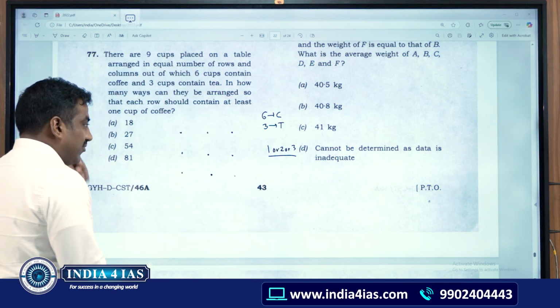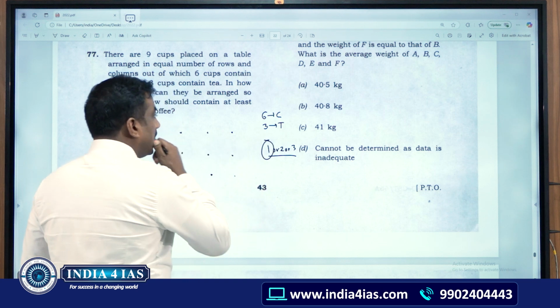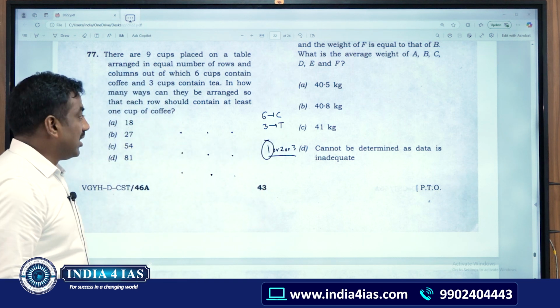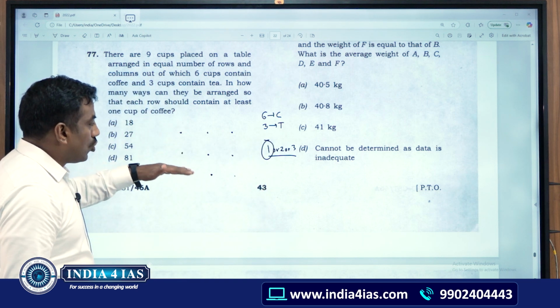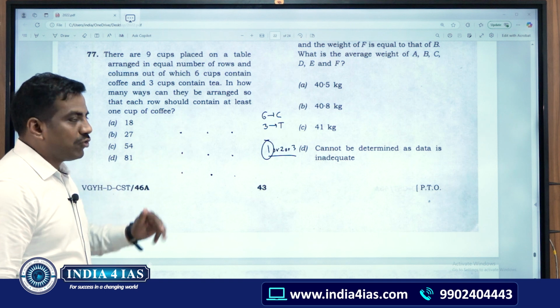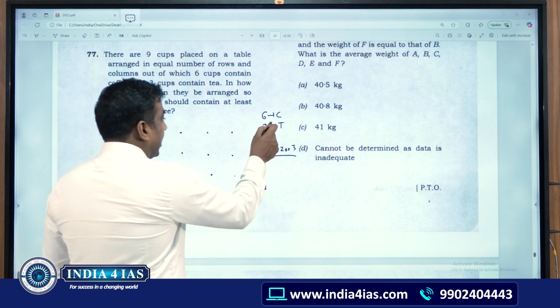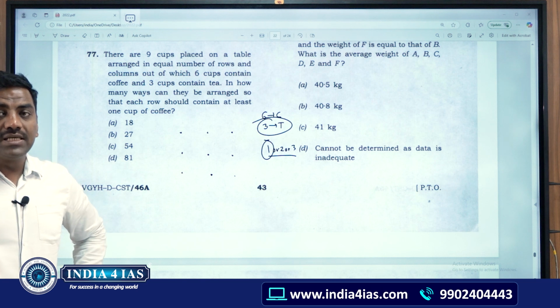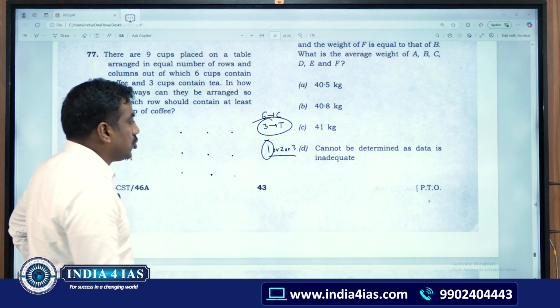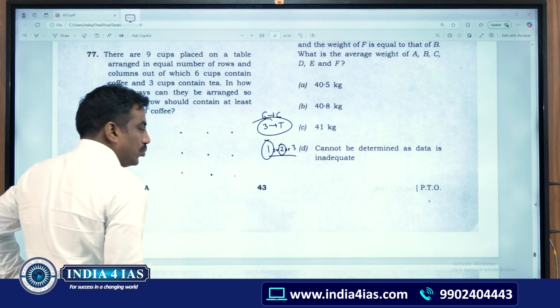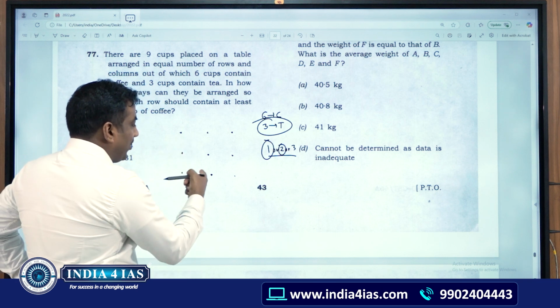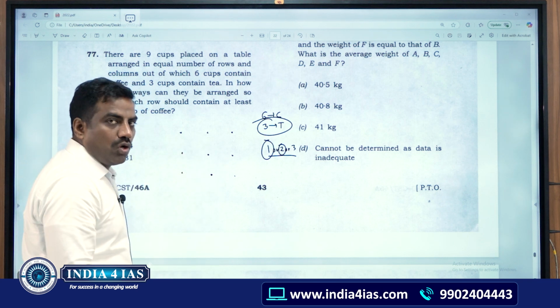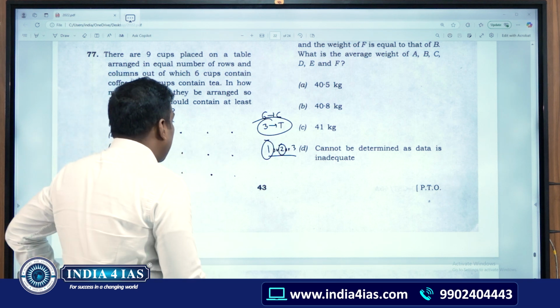Let me go with 1 first, at least 1 coffee in each row. So the other 2 have to be tea. But how many teas do we have? Only 3. So if I go with 2, 2 coffees and 1 tea, in how many ways can I arrange this?